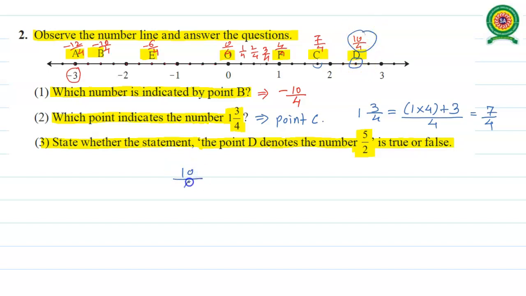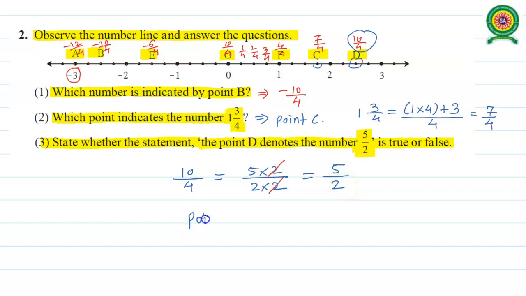Look carefully: 10 by 4 we can write as 5 twos are 10 and 2 twos are 4. So ultimately the 2 from numerator and denominator gets cancelled, and we remain with 5 in the numerator and 2 in the denominator.